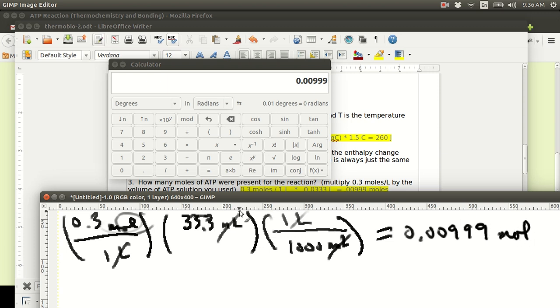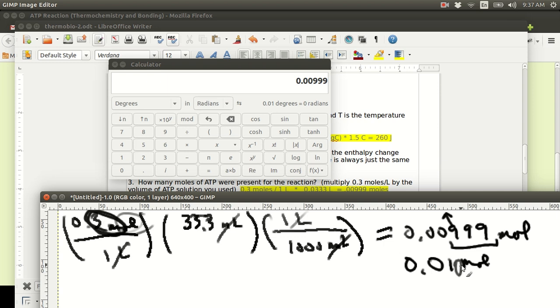Now, to keep the rules of significant figures, this information only has one significant figure because zeros at the beginning are never significant. That means this must also have only one significant figure. To round this to one significant figure, this 9 gets bumped up 1 because this number is more than 5. So that's going to make it a 10. There.